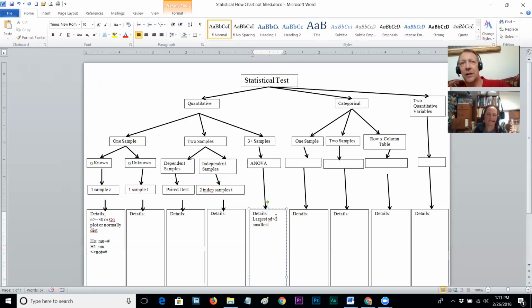But if we go back to this one sample Z, they don't tell you it's normally distributed, and they have a sample size of 11. So then I'd need to go to my QQ plot. Is that big enough? Not really, but you can get away with a small sample size if your QQ plot is normal. If they give you a sample size of 50, is that big enough?